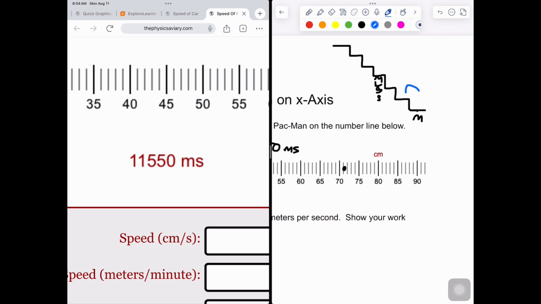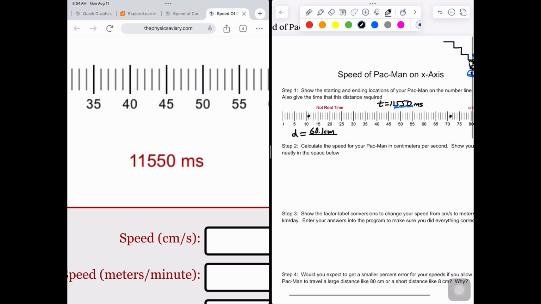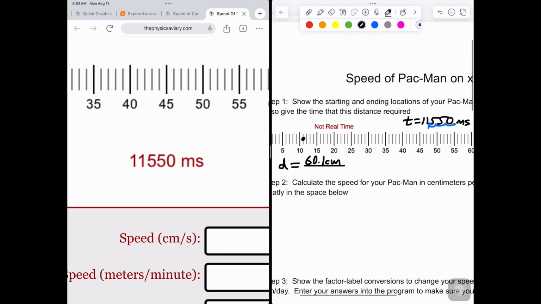You have to go up 1, 2, 3 stairs to get from milliseconds to seconds. That means you have to move the decimal 1, 2, 3 places to the left to get from milliseconds to seconds. So I'm going to be actually dividing by 11.550 seconds.